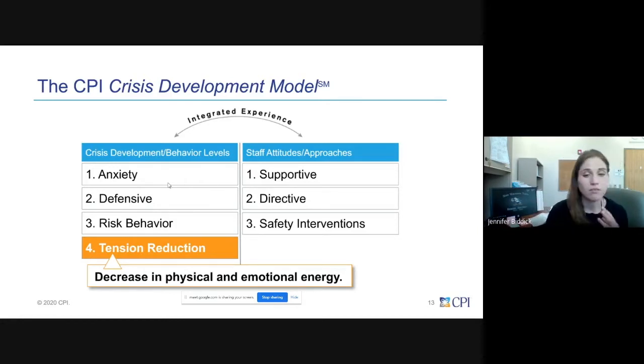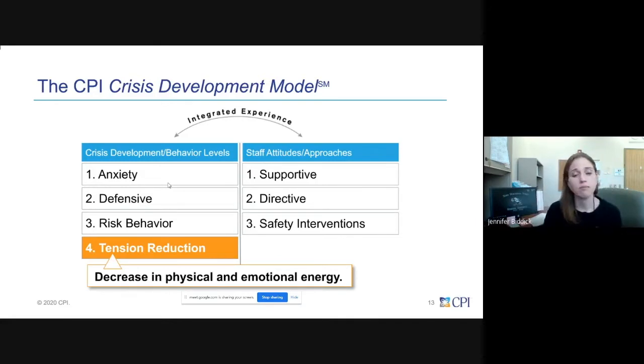So physical examples of this might look like their posture relaxes, maybe their heart rate or breathing rate start to decrease, maybe their face goes from being beet red back to being their normal baseline color. You might see some reduced muscle tension. Emotional examples could include maybe they're apologizing, maybe they are withdrawn, they become sad, some learners might cry, they might show even remorse or embarrassment.